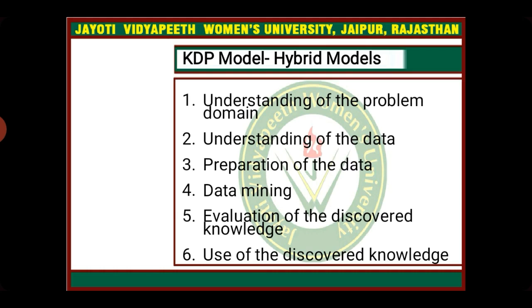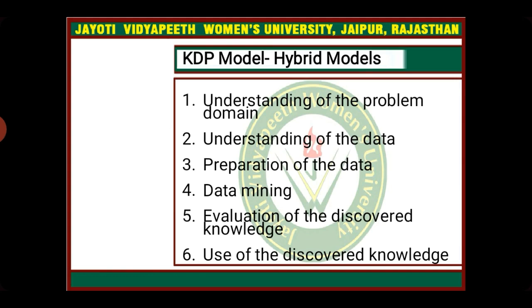Fifth is from data mining to preparation of the data. This loop is caused by the need to improve data preparation, which often results from the specific requirements of the data mining method used, since these requirements may not have been known during the preparation of the data step.